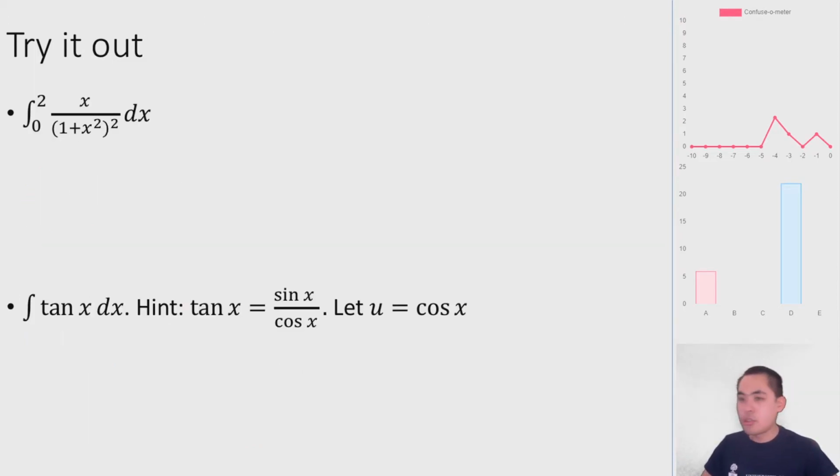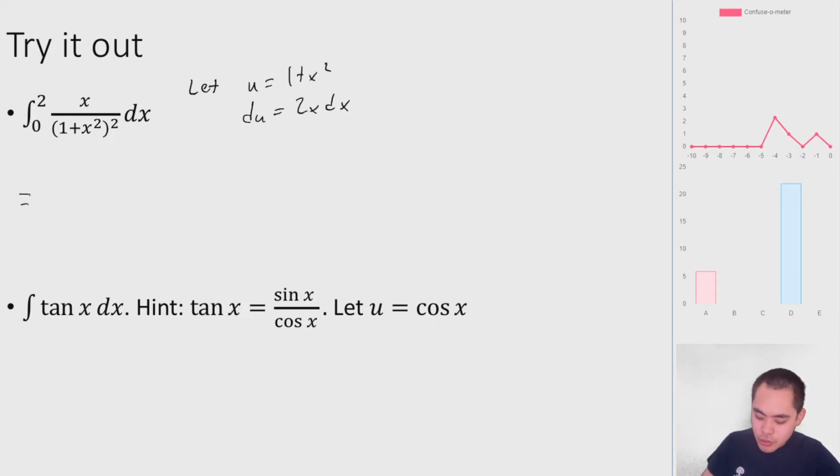Let me go on to the next step, and instead of asking you guys to try it out, let me just walk through them a couple more times. So in this particular case, we have the integral of x over 1 plus x squared dx. So this is something super complicated, and I'm going to guess, because I have the benefit of hindsight, that u is equal to 1 plus x squared, which means du is equal to 2x dx.